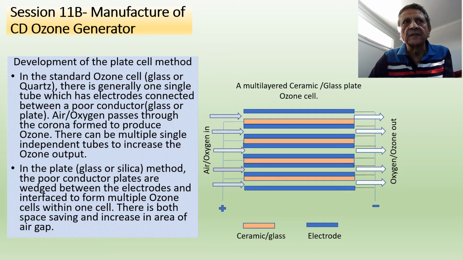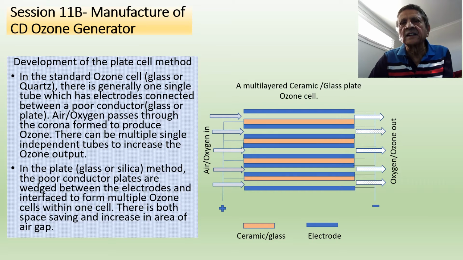Now, the newer methods, they are using plates, either glass or silica, and electrodes, positive electrodes, which is interfaced. So air passes through the gaps between the plates as shown in the diagram, or oxygen can pass through, and you have output of ozone.